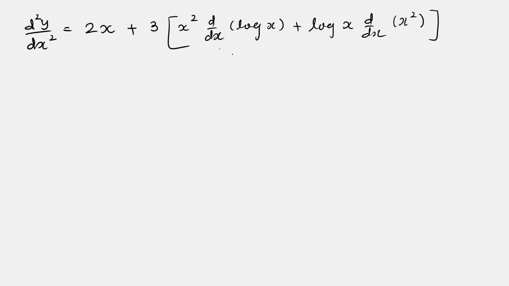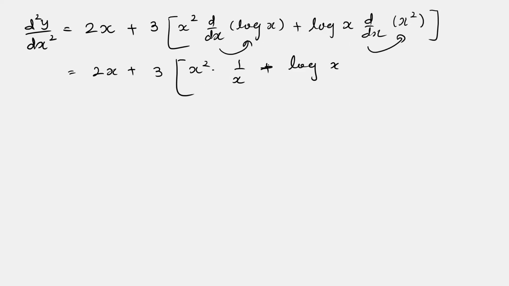Now I know the differentiation of log x and of x square. Let's do that. 2x plus 3 out, so x square, this is 1 by x, plus log x as it is, and differentiation of x square is 2x. One x got cancelled, and then I'll open the bracket as well.